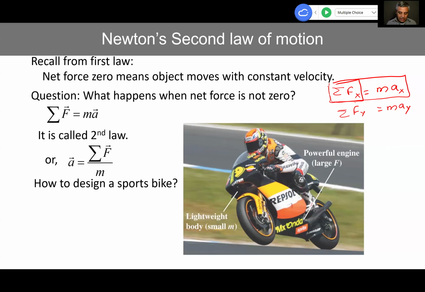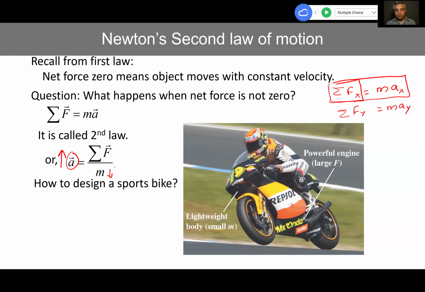So we want large acceleration. There are two things that we can do according to this equation to make acceleration larger. One, make the mass smaller. As mass goes down, what happens? Acceleration goes up, provided the forces are the same.